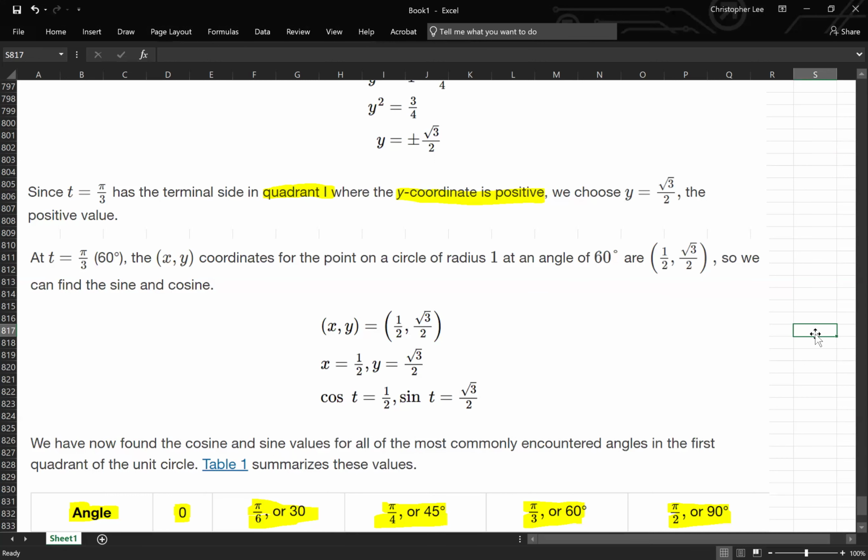And cosine of t is equal to 1/2, and sine of t is equal to square root 3/2. So we have now found the cosine and sine values for all of the most commonly encountered angles in the first quadrant of the unit circle. And let's look at table 1.